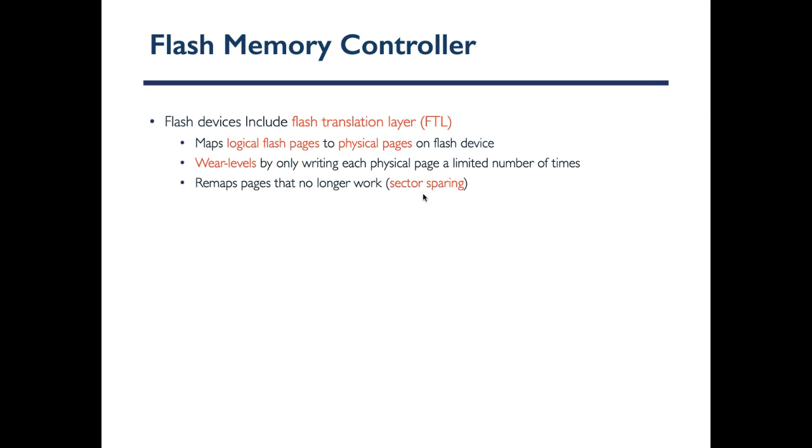The other thing that sector sparing helps with is, let's say you have used your entire capacity, or you're very close to your capacity, and now you want to write to a page. Now, in order for you to write to a page, as I said, you need to erase it first. But if you want to erase one page, you have to erase the entire block.